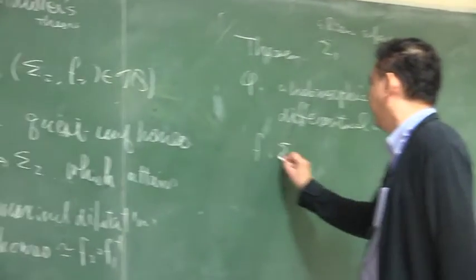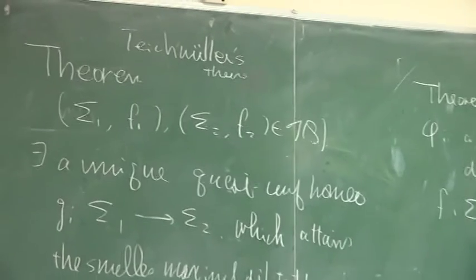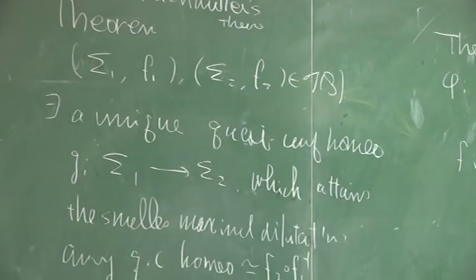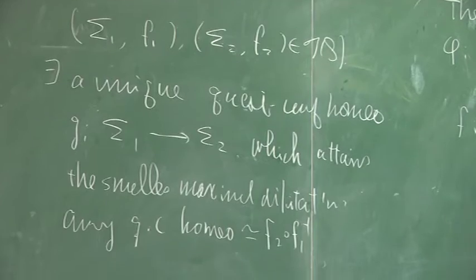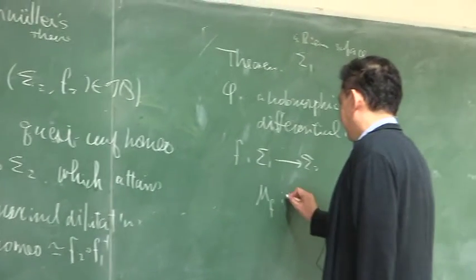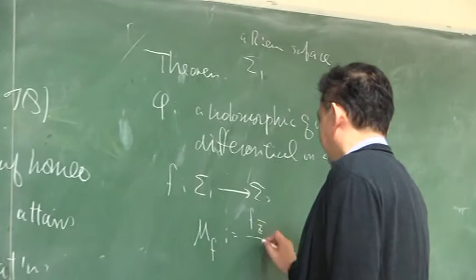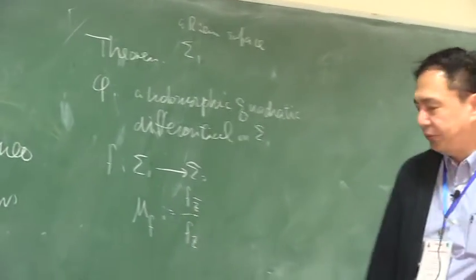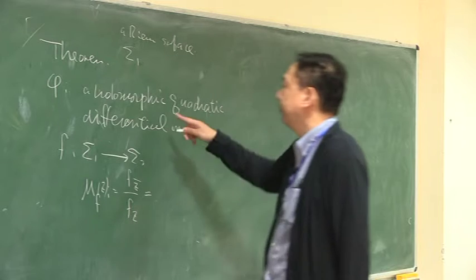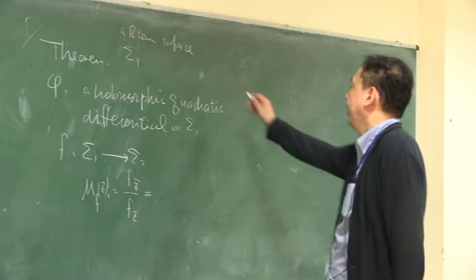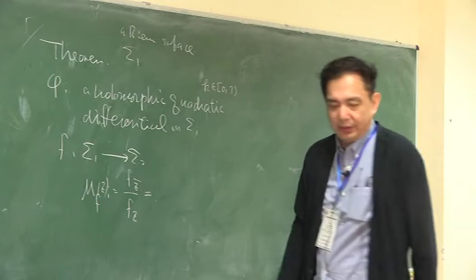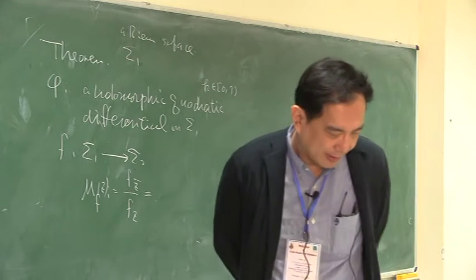F from sigma 1 to some Riemann surface sigma 2, such that the Beltrami or complex dilatation, so that was this one, and k is a number between 0 and 1, not including 1.